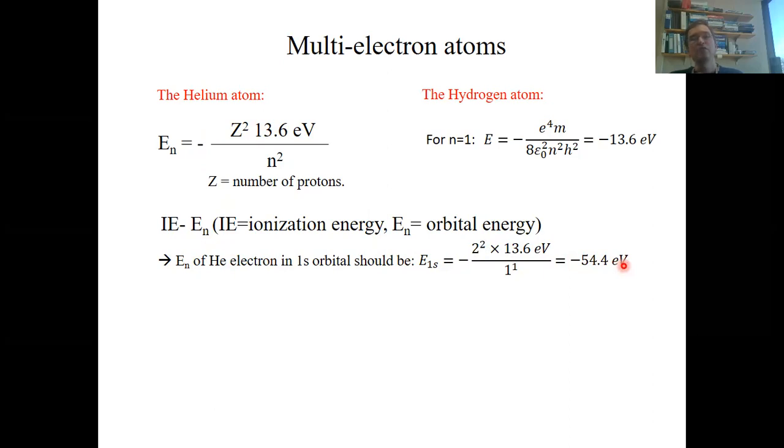Now we can experimentally check if this is true by measuring the first ionization energy of the helium atom, because the first ionization energy is minus the orbital energy.